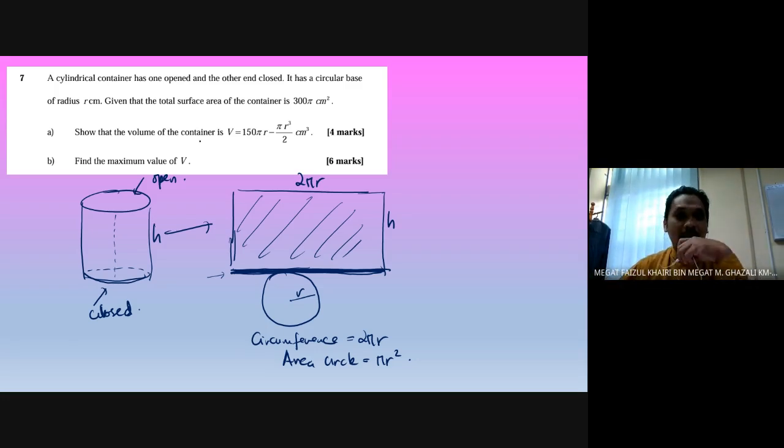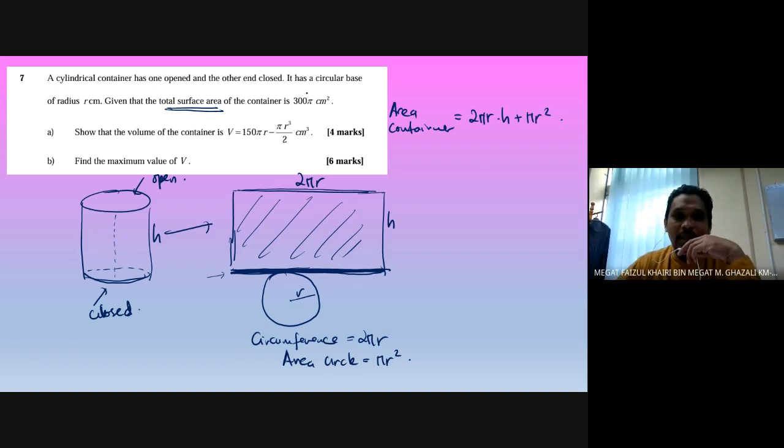Okay, so now, a cylindrical container has one end open and the other closed, with a circular base of radius r. Given that the total surface area of the container is the length times the height, so 2 pi r times h, plus the area of the circle, pi r square.